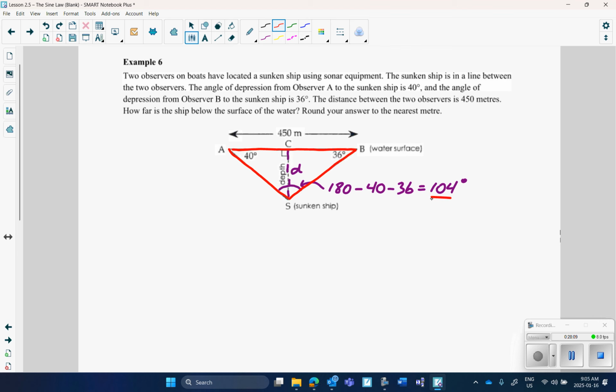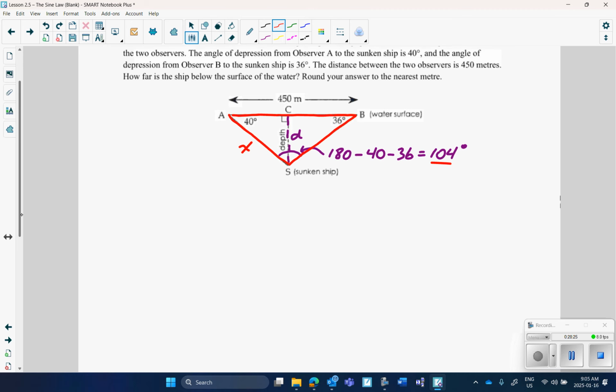So let's find this one. You can call it A, capital S, I'm just going to call it X. So looking at the big one, I've got 450 over the sine of its angle opposite, 104, will equal the missing side X I'm trying to find over the sine of its angle opposite, which is 36.